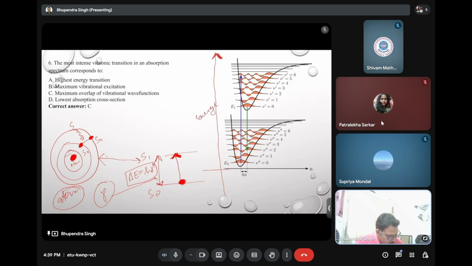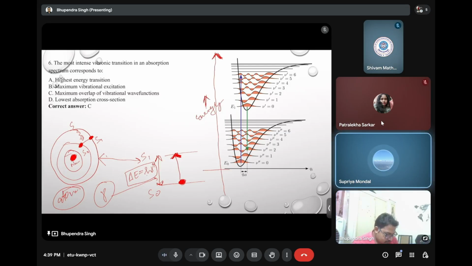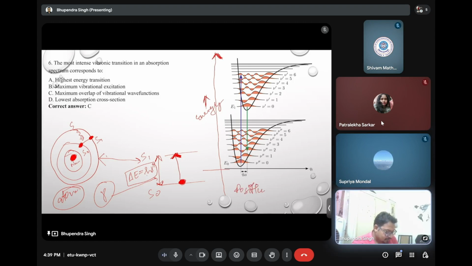This is energy, right? Perfect. What is the x-axis? Position. Yes, yes. Perfect. Position of the nucleus. Okay?